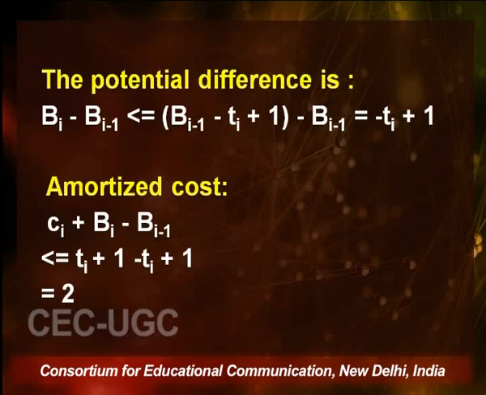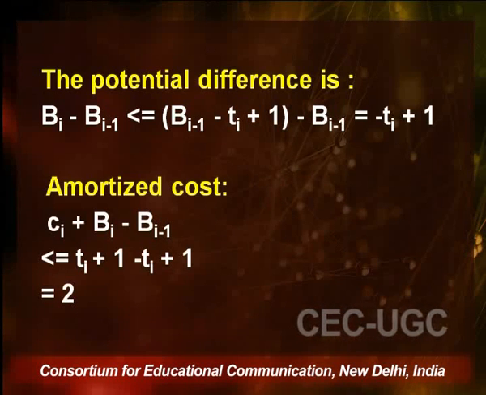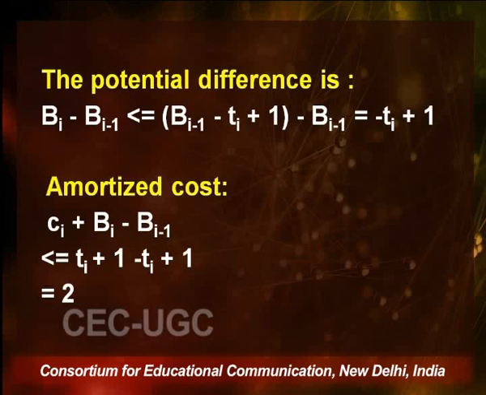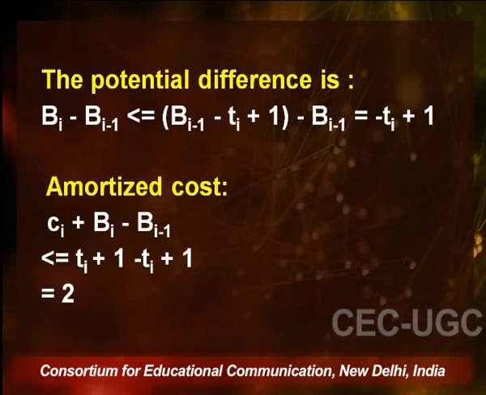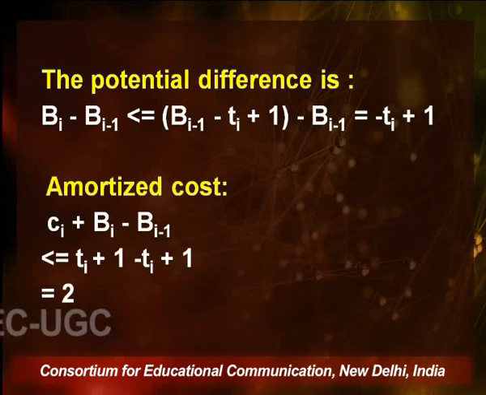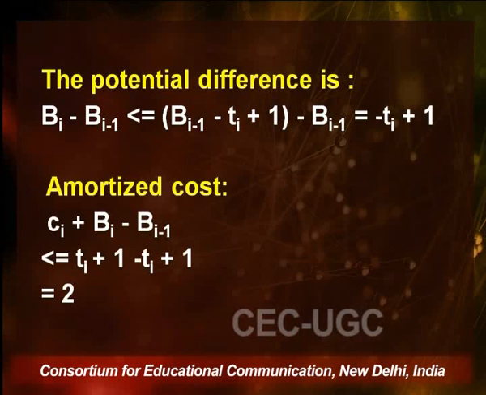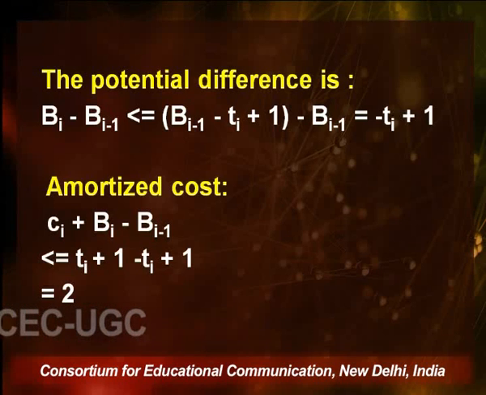So, the term b_{i-1} is getting cancelled, and finally we get the term minus t_i plus 1. So, the potential difference for one increment operation, after the ith operation being b_i and before being b_{i-1}, is 1 minus t_i.